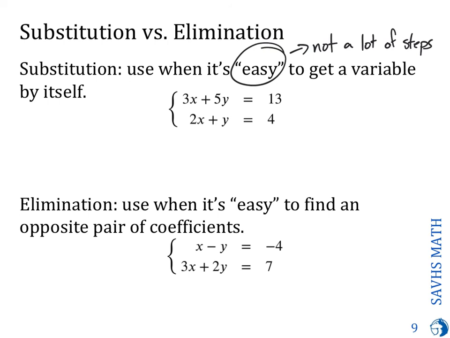For example, this equation is easy to get y by itself because I can just subtract 2x from both sides. And then I get y equals 4 minus 2x. That's only one step, and now I can do substitution. I can take this 4 minus 2x and put it back in for y here.